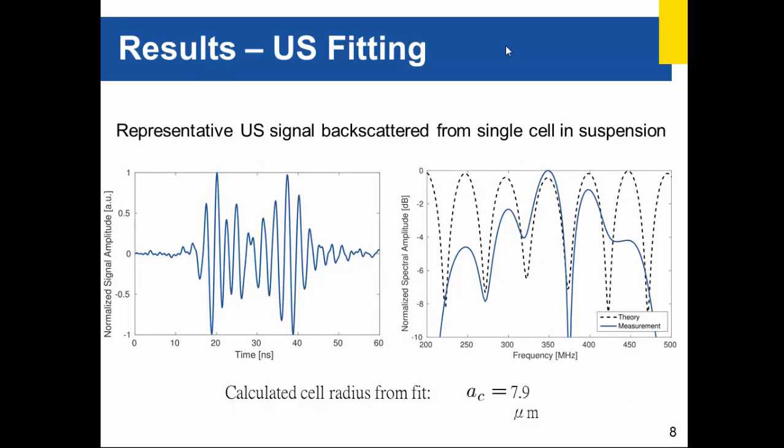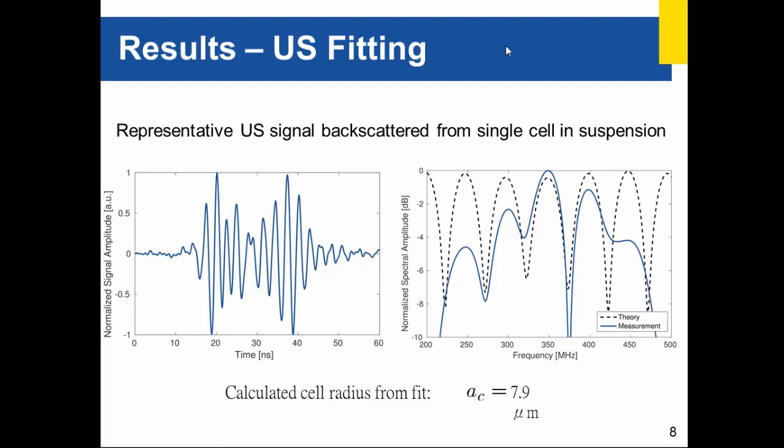Here is a sample result of the scattering from one single cell, with ultrasound scanning from one single site. The normalized signal amplitude is shown as a function of time. If you take the power spectrum of it and look at the normalized power spectrum amplitude versus the frequency, we have this graph.